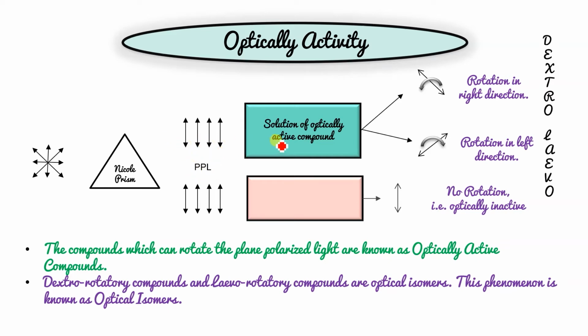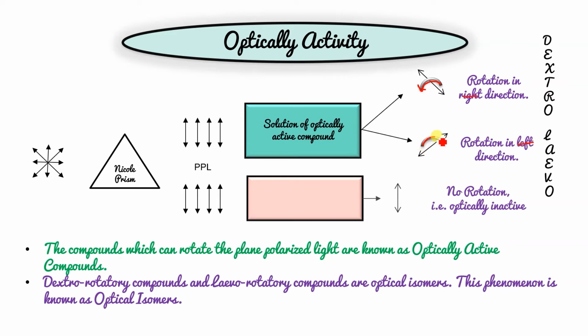And if it is passing through any optically active compound, what will happen? It will either move in the right direction or in the left direction. I have written it over here; sorry, this one should be the left direction, I will correct it, and this is the right direction.